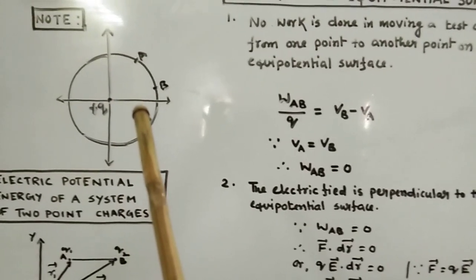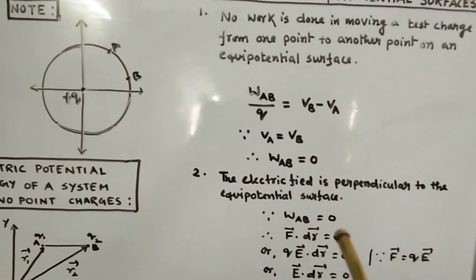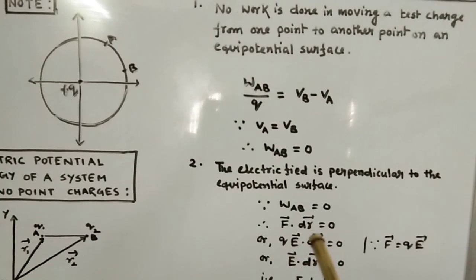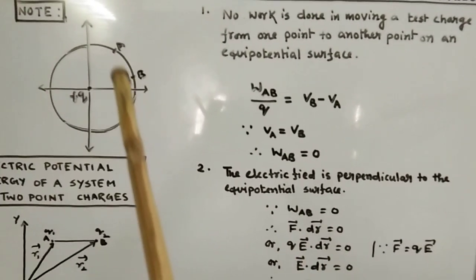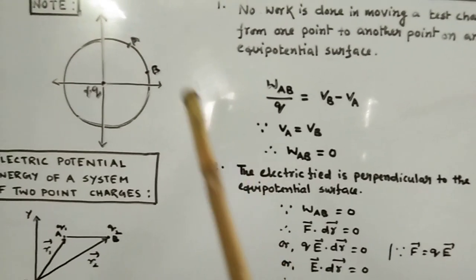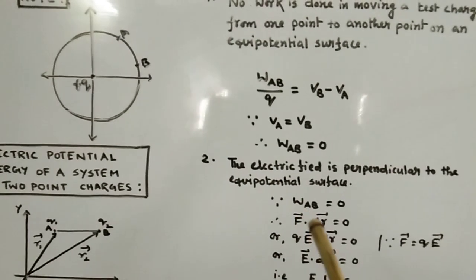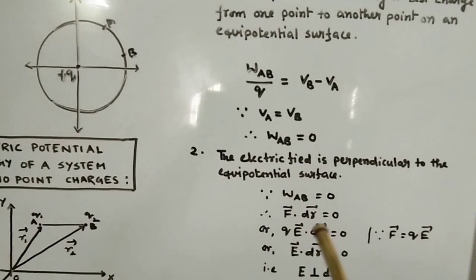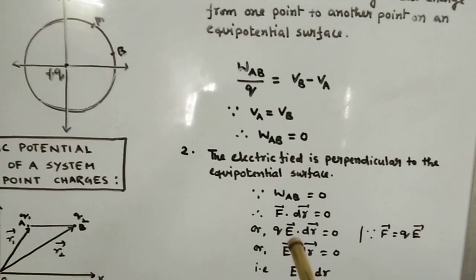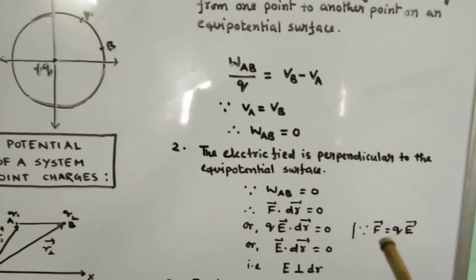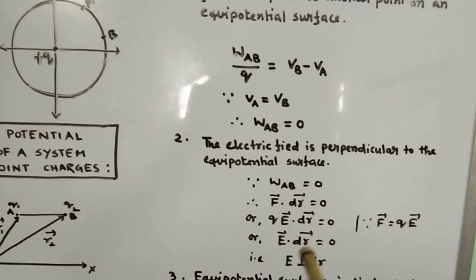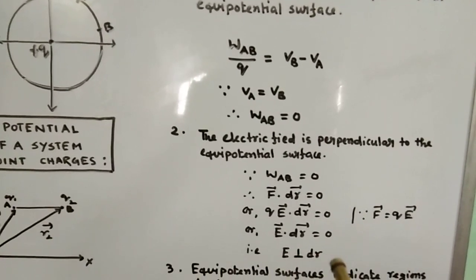Now if WAB is 0, it means from the definition of work done, F vector dot dr vector is 0. Here dr is nothing but a segment of the circumference of this circle, or the arc length AB. So F vector dot dr vector equals 0. Since force is Q E vector, we get E vector dot dr vector equal to 0. It means E is perpendicular to dr.